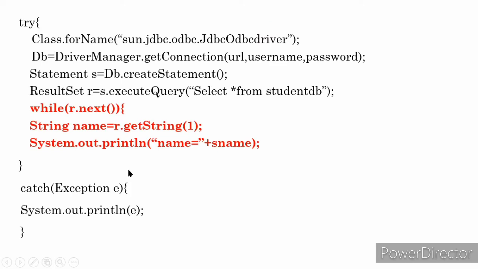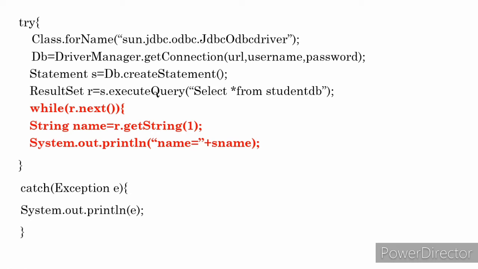First we have loaded the driver, next we have made the connection with the database, next we have created the statement. By using that statement we are executing a query, that is select star from student database. And to get all the data or all the rows from the student database we will use the next method in an iterative process, as I told.